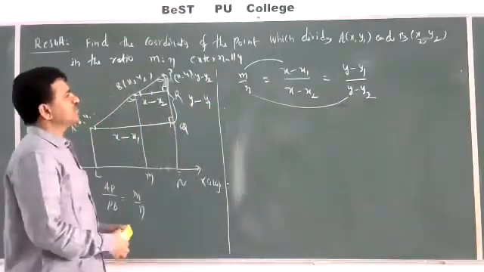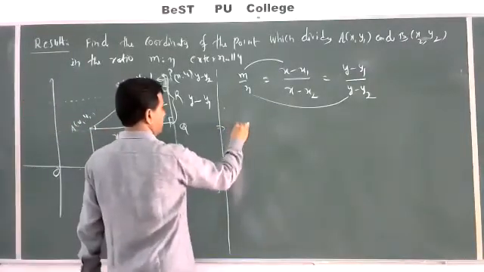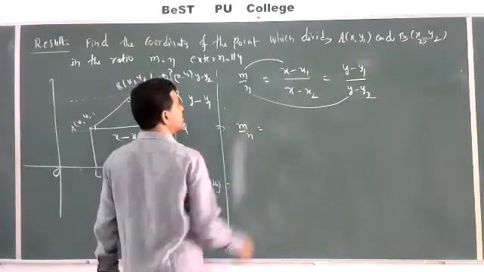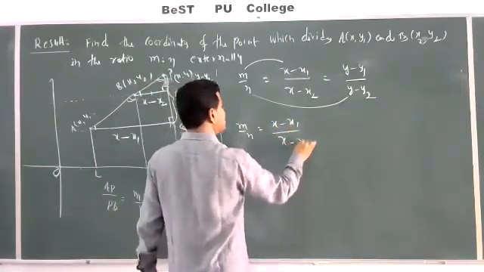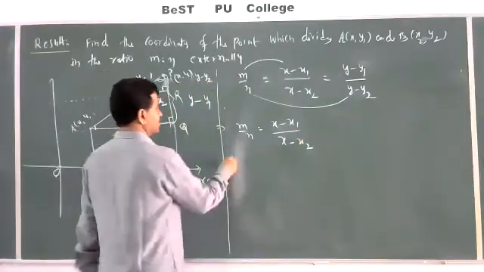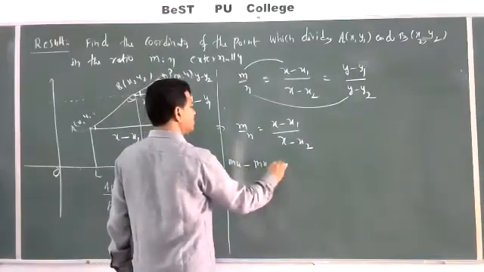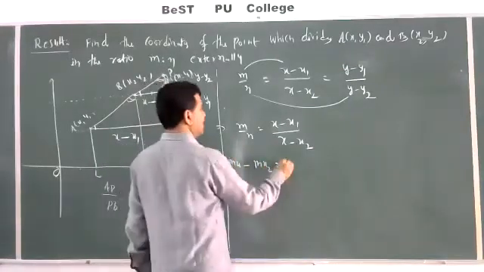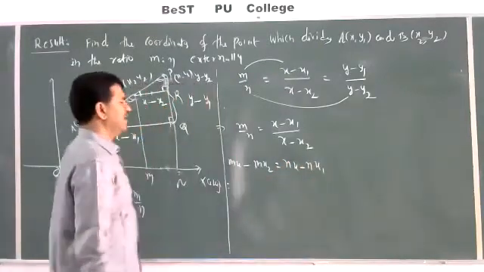That implies if m by n is equal to x minus x1 by x minus x2, do the cross multiplication. This is mx minus mx2 is equal to nx minus nx1. We required x value.